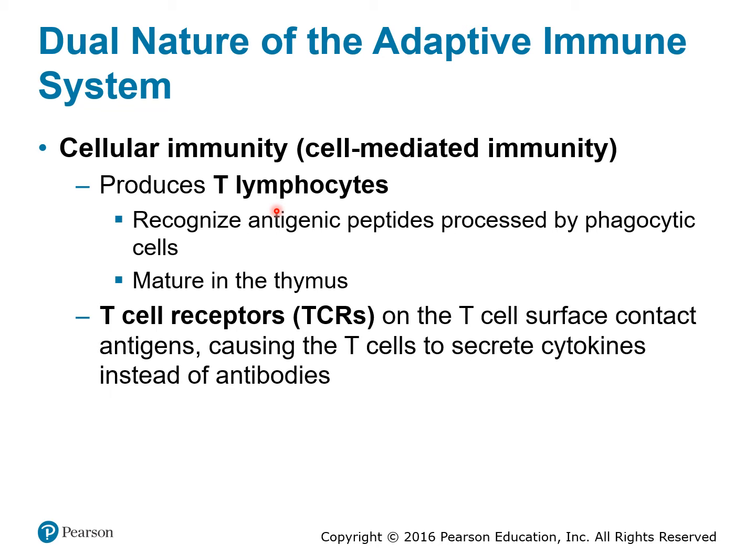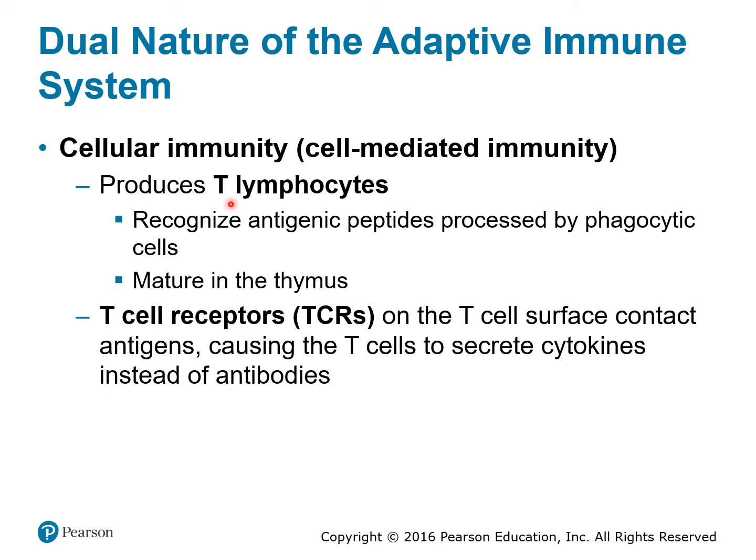We actually have several types of T cells, and we're going to discuss two of them in this lecture. We're going to talk about our helper T cells and our cytotoxic T cells. We're going to talk about how they launch an attack against these antigens that might be within your body.